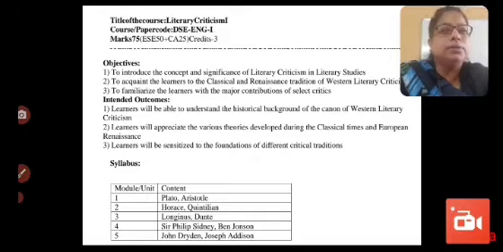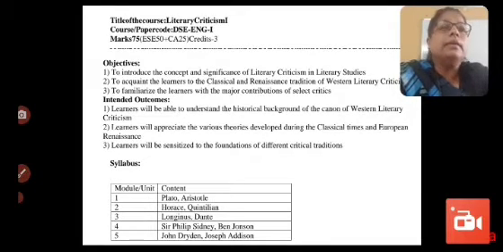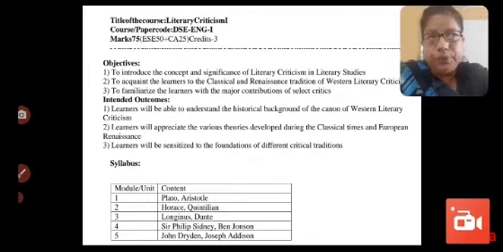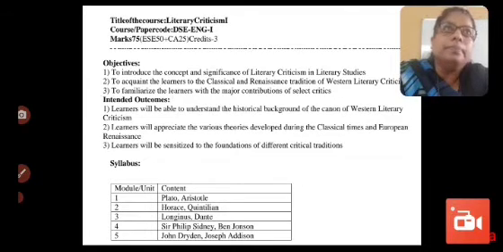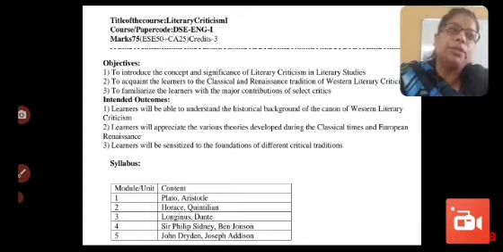There are 2 phrases here: literary studies, that is the study of literature. It may be the study of a poem or a drama or a short story or a novel, and that study is known as literary studies. And of course, this is for the students and scholars of literature, in this case English literature.